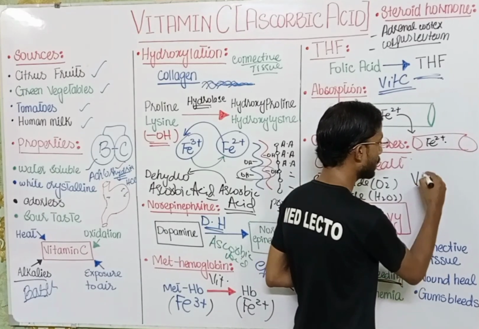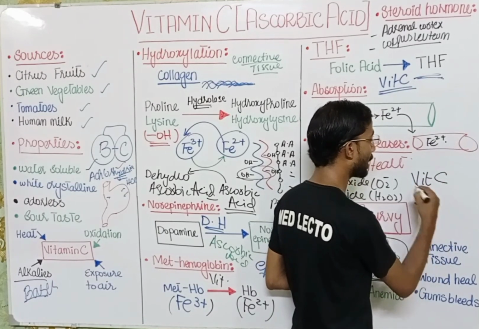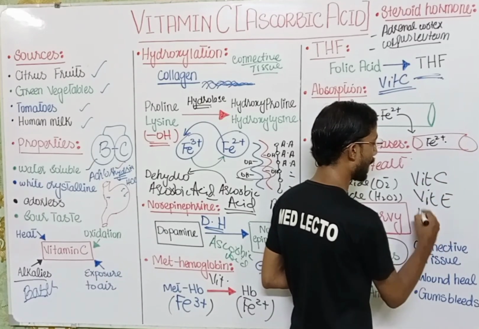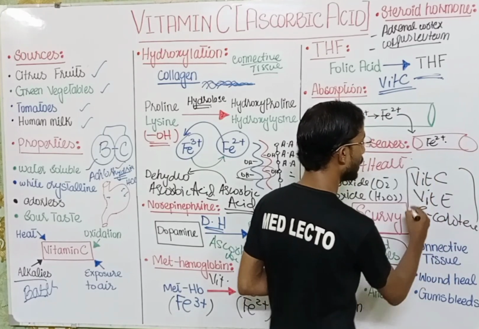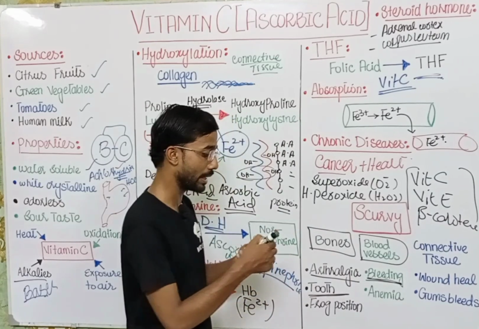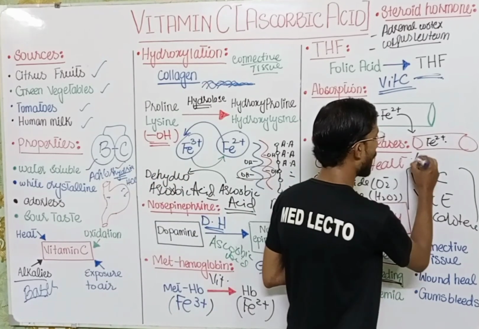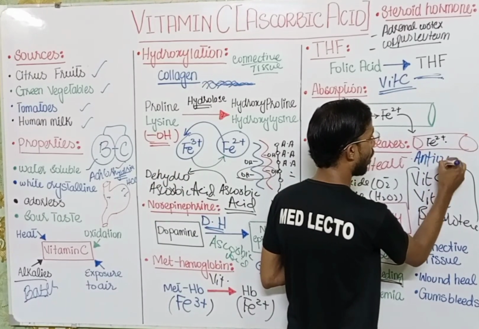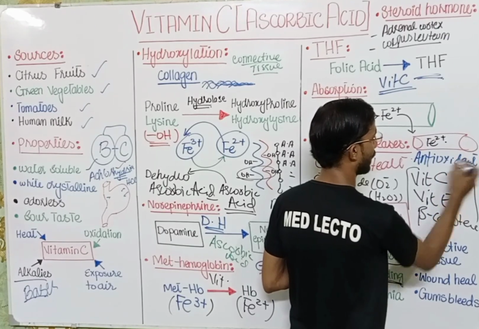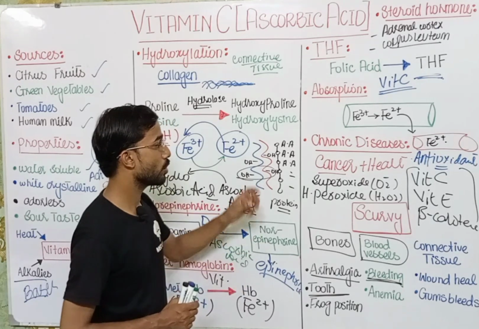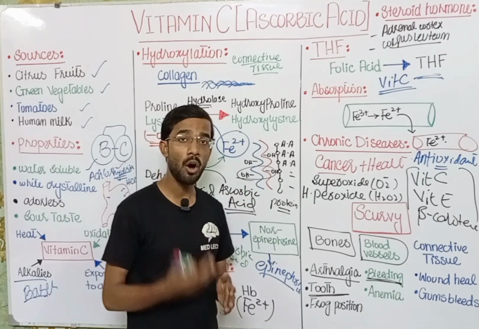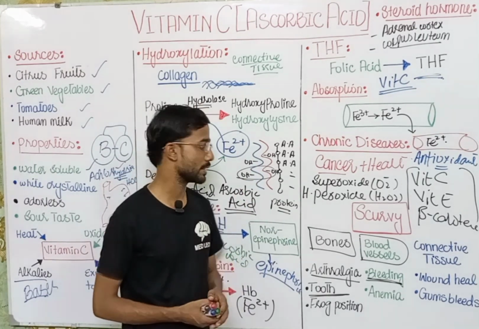Vitamin C and other vitamins as well, vitamin E and beta carotene, are basically the three most important components that work as antioxidants, or you can say anti-aging agents. So this is how vitamin C prevents chronic diseases.